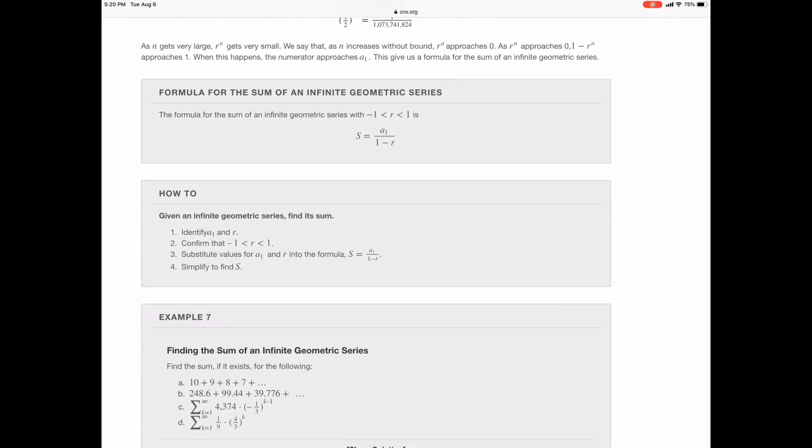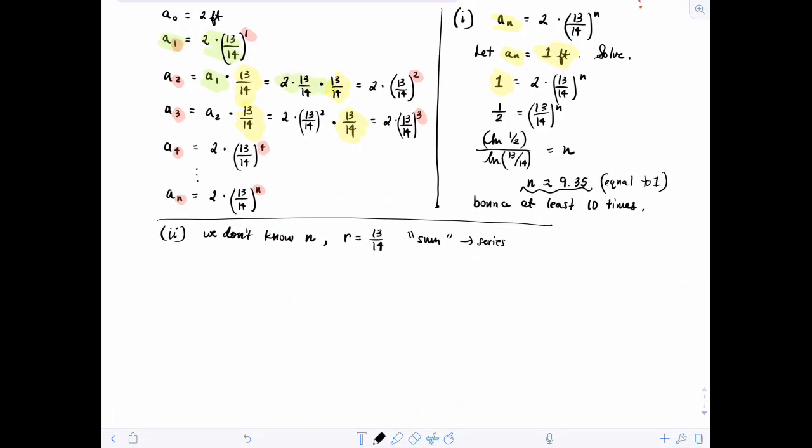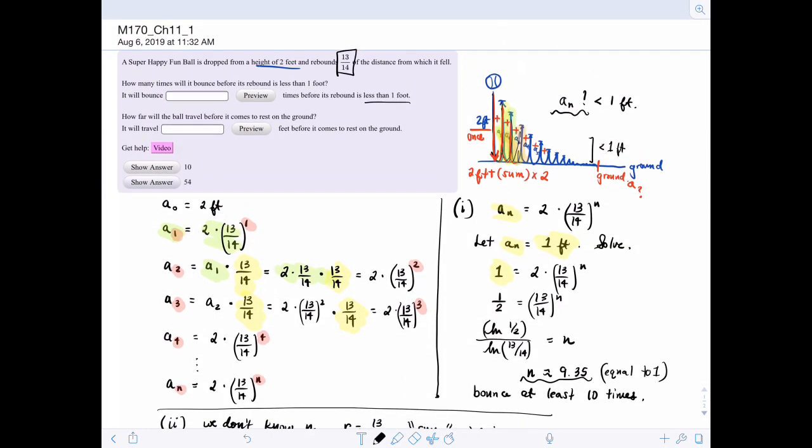So s is equal to a sub 1 over 1 minus r, given that r is between -1 and 1, and it meets these conditions. But this is only going to be this sum.